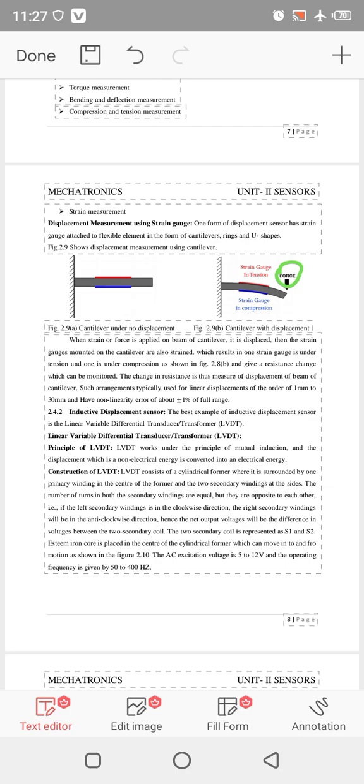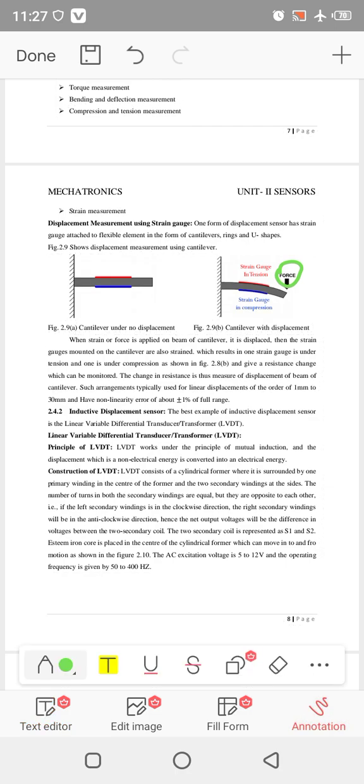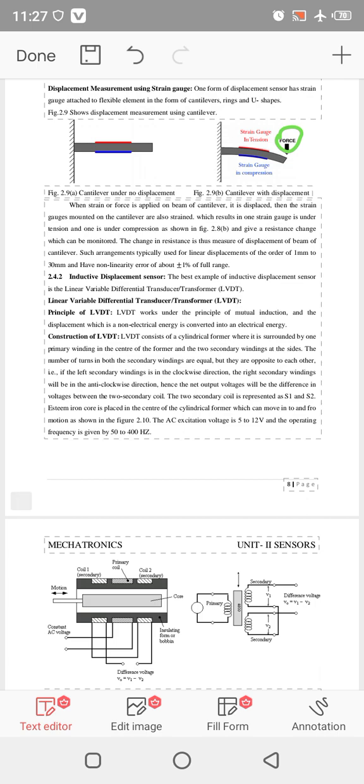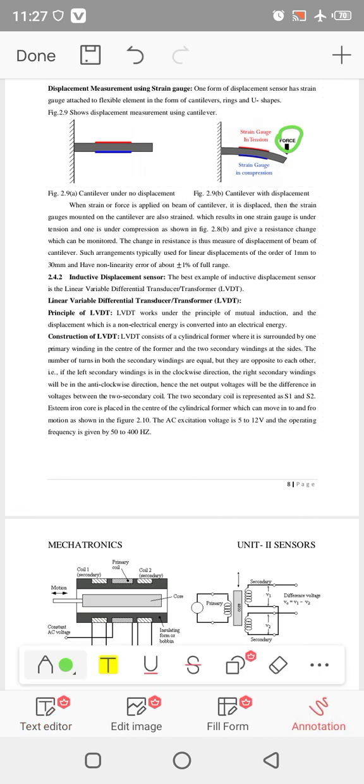Linear variable differential transducers work under mutual induction. If you have already studied machine drives, or have any basic idea about magnetic induction, this works based on that.